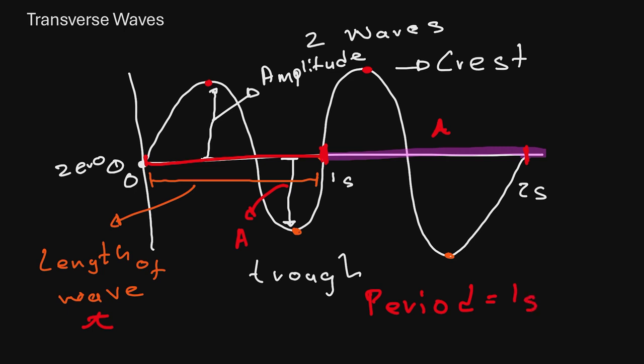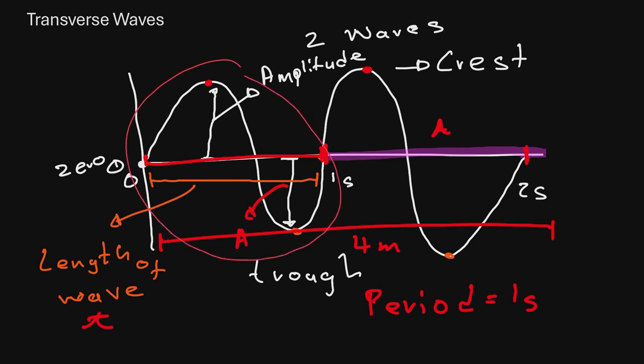Now the very same will happen if the total length of the wave here was supposed to be 4 meters. If they ask us, what is the wavelength of the wave? Remember, when they talk about the wavelength, they are referring to the length of one wave. So to complete one wave here, the length will have to be how much?